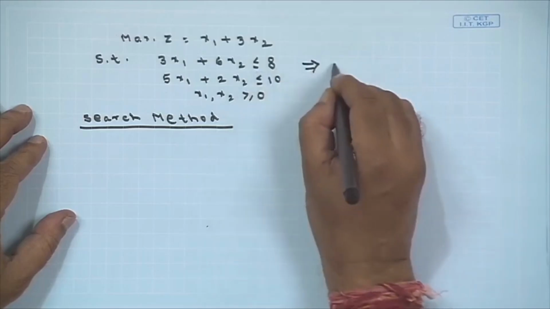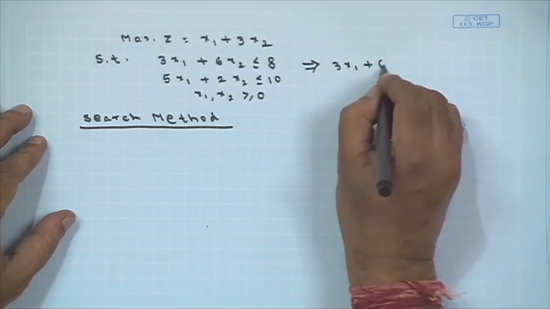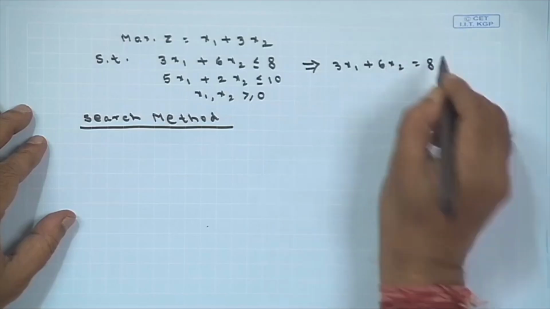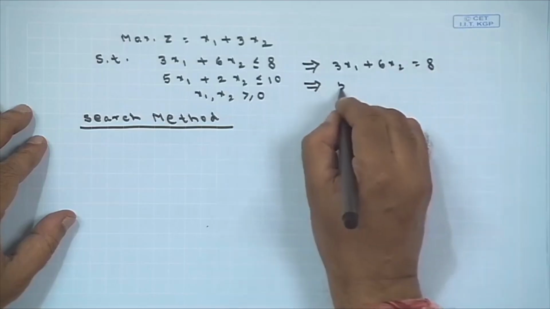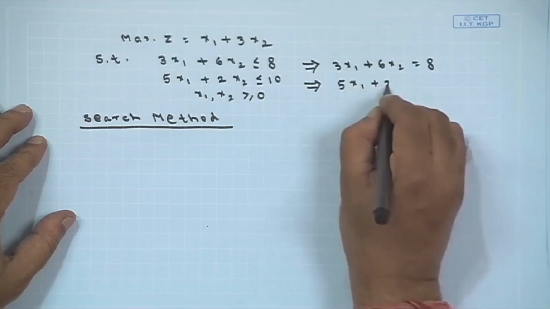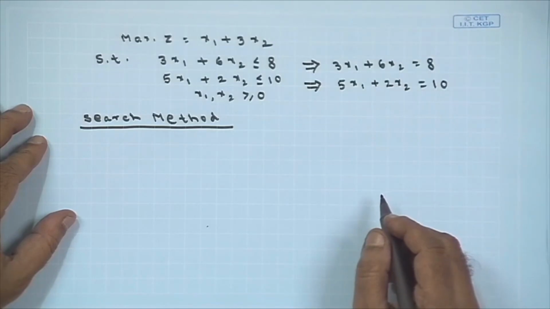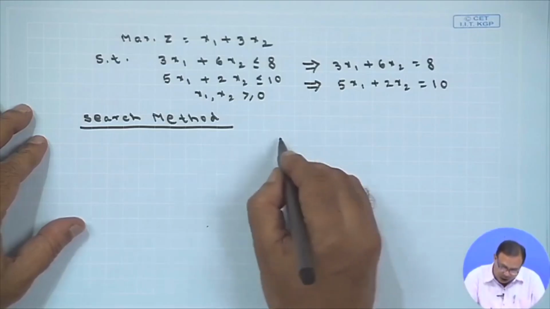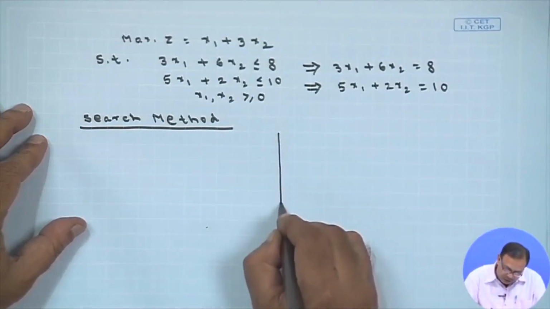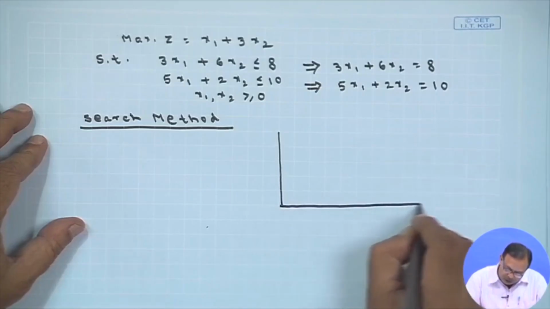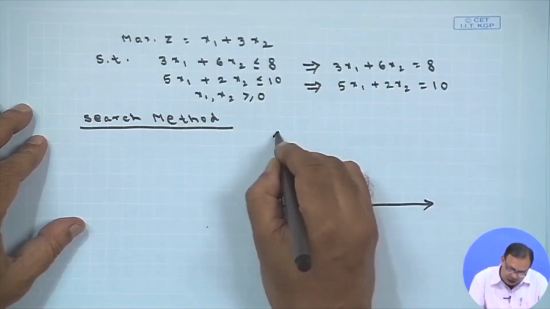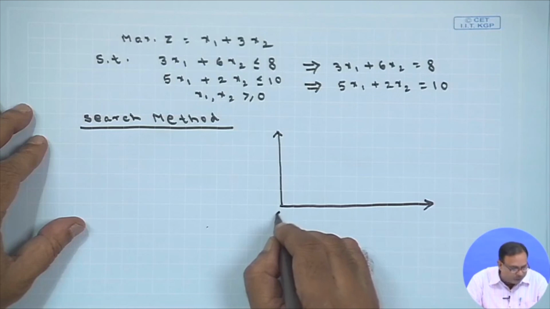We write this as 3x1 plus 6x2 equals 8, and the second one will be 5x1 plus 2x2 equals 10. Now there are two lines and we can draw them very easily. Suppose these are your axes x1 and x2.